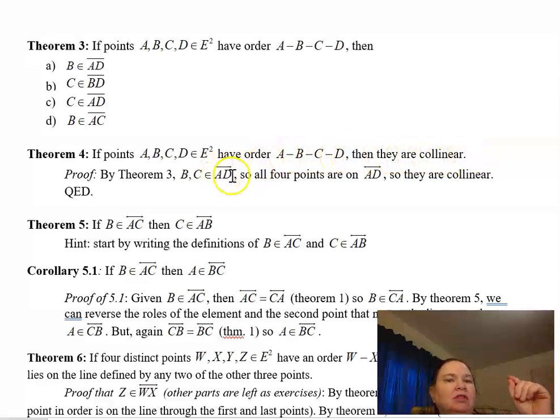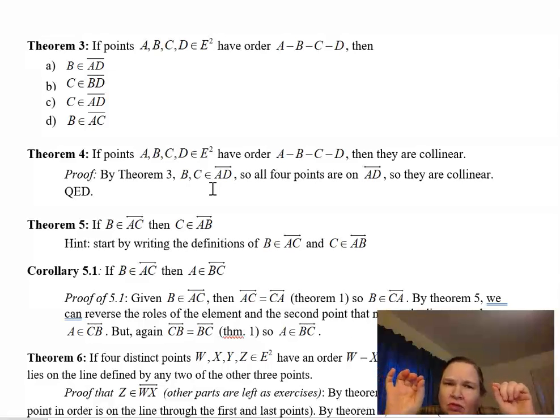And what's the line they live on? They live on the line between A and D. The big part of this has already been proved, that B and C are on this line from A to D. Problem 2 in the homework asked you to prove that every endpoint of a segment is on the segment.